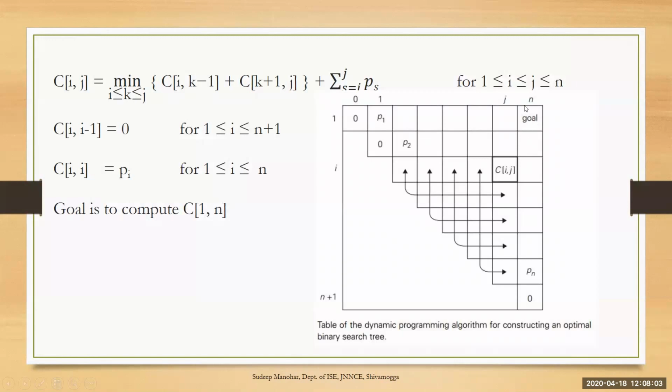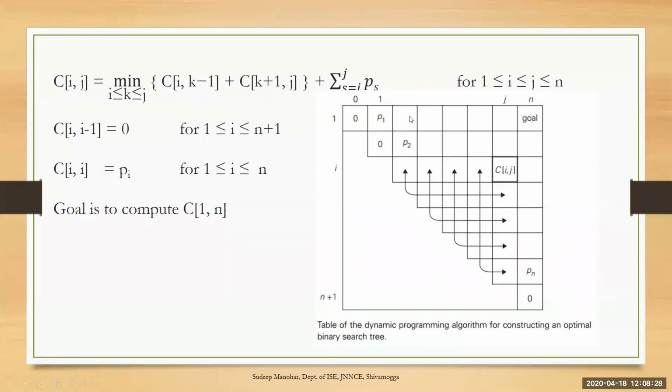To compute this, you are going to fill all these cells first. And once you fill all these cells, finally you will get the result for this. Filling the inner cells means you are finding the minimum average comparisons for all the subtrees. It is similar to the divide and conquer method.